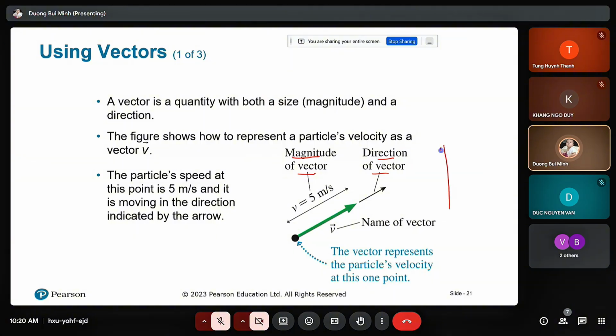Remember that when we have direction and x, y coordinates, we have four quadrants: the first quadrant, the second, the third, and the last one. When we consider which quadrant we have, the magnitude is always positive.